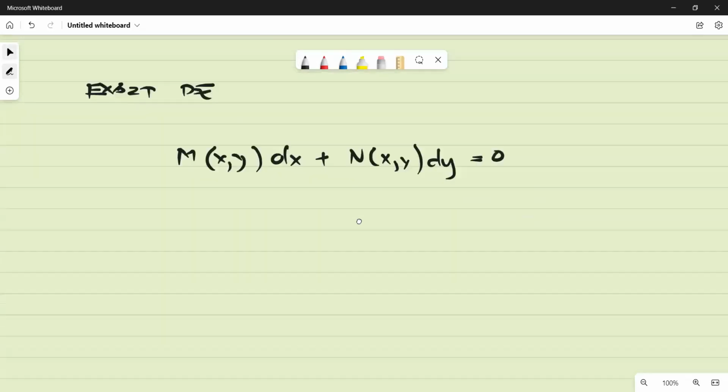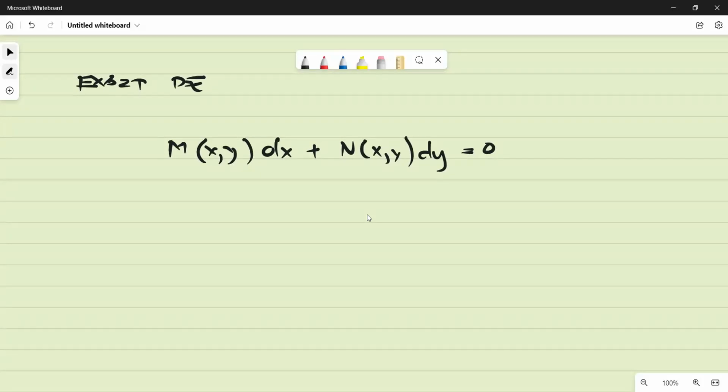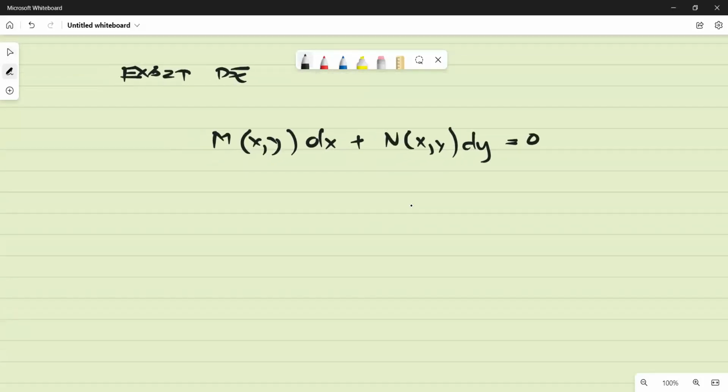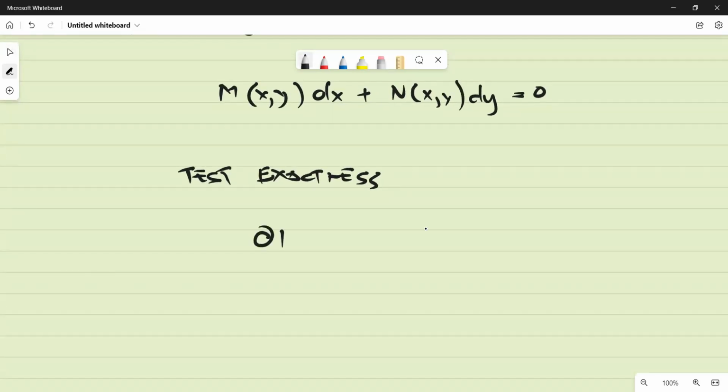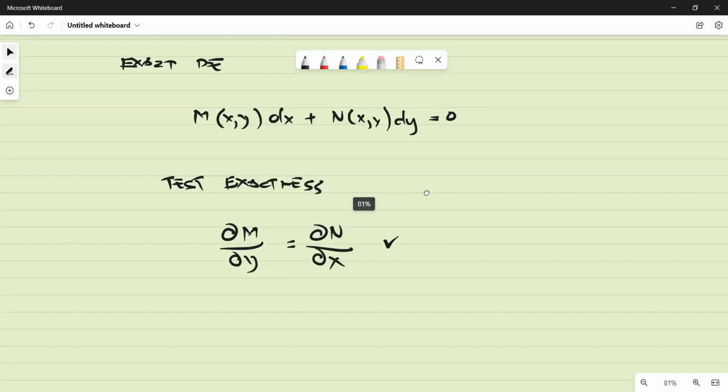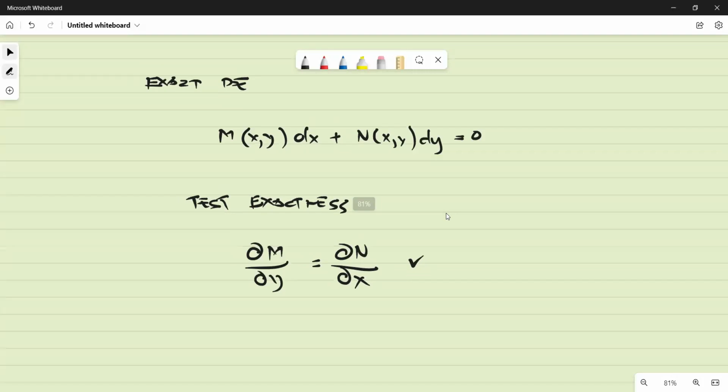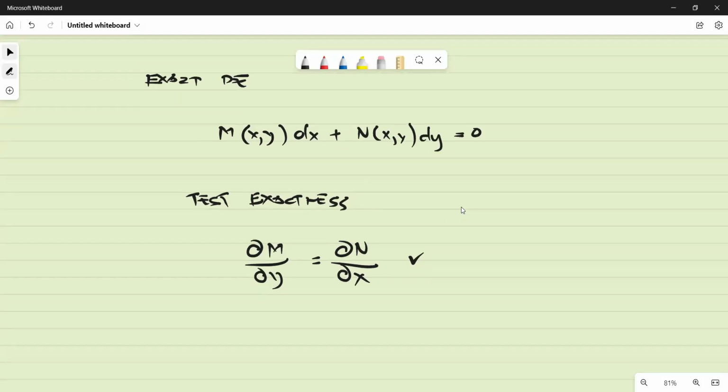Then, next thing that we're going to do, paano natin malalaman kung exact DE siya? We need to test for exactness. And how do we test for exactness? We are getting the partial derivative of M with respect to y, and if that is equal to the partial derivative of N with respect to x, then therefore, yung differential equation natin, pwede nating isolve using exact DE.